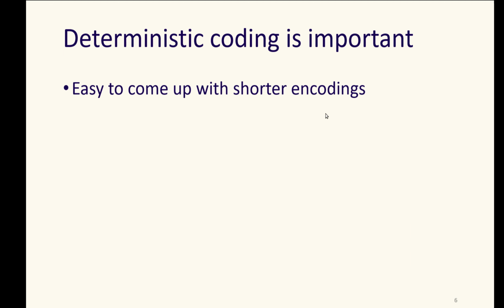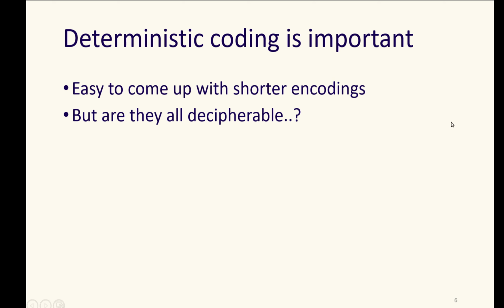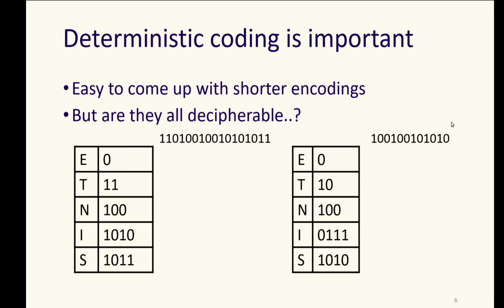It's pretty easy to come up with any random encoding that we'd like that might make our data shorter, but we also need that encoding to be decipherable. We need to be able to undo that encoding when it arrives at its location or when someone goes to open that file.